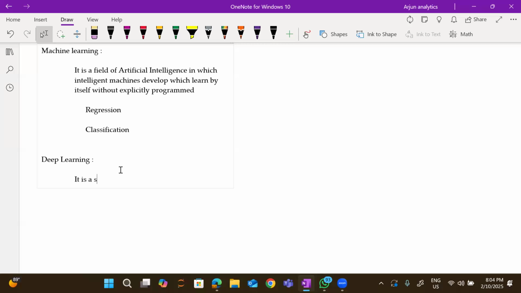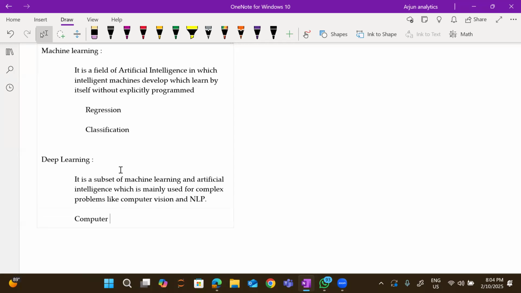It is a subset or a branch of machine learning and artificial intelligence, mainly used for complex problems like computer vision and NLP, natural language processing. So these are the two problem statements we will be looking at.